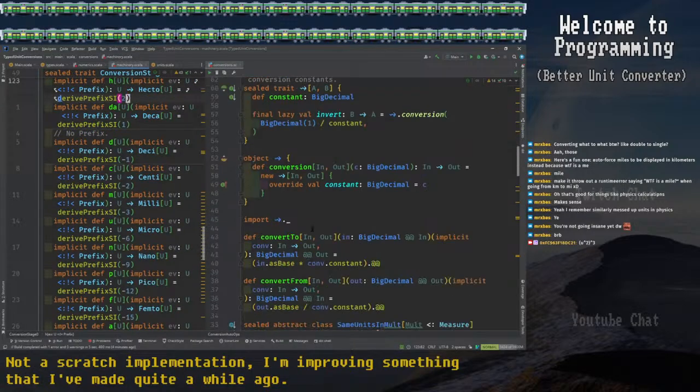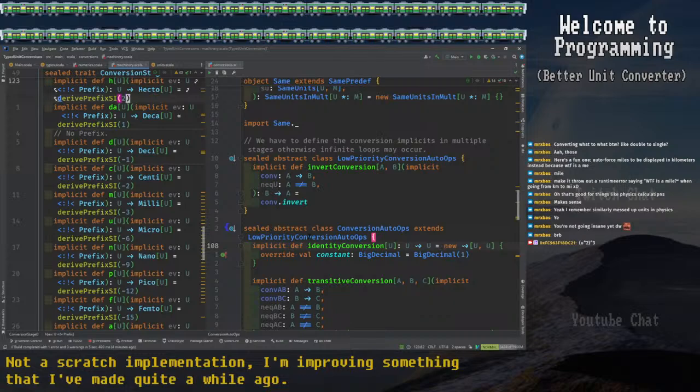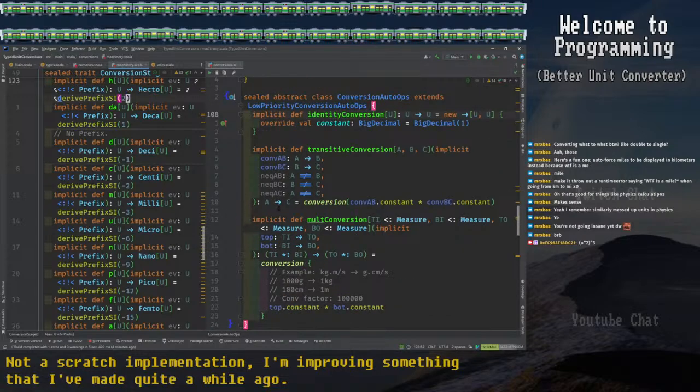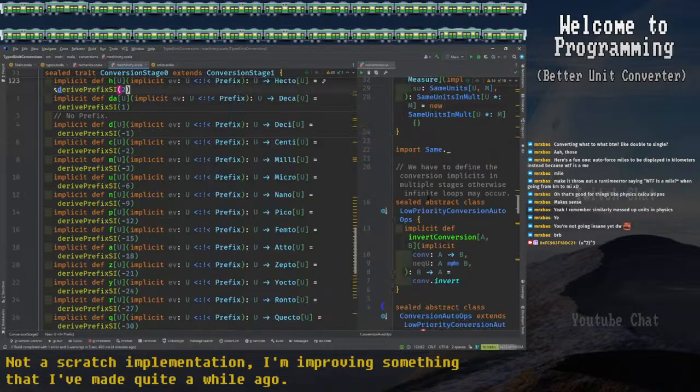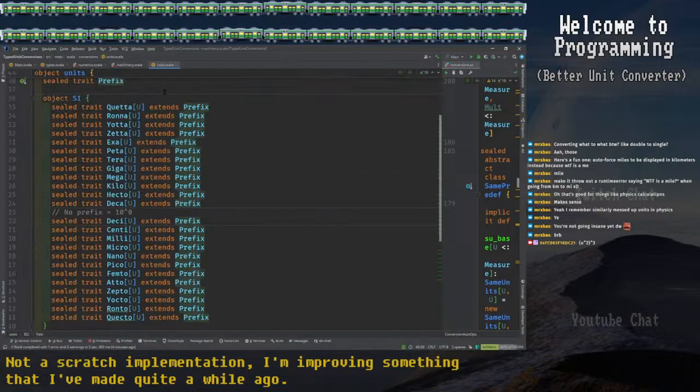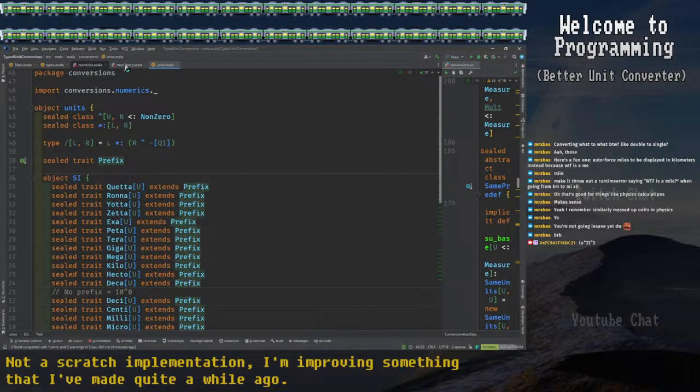Where did I put transitive conversions in this? Next to identity. Do I have to put transitive conversions all the way at the bottom of the stack?